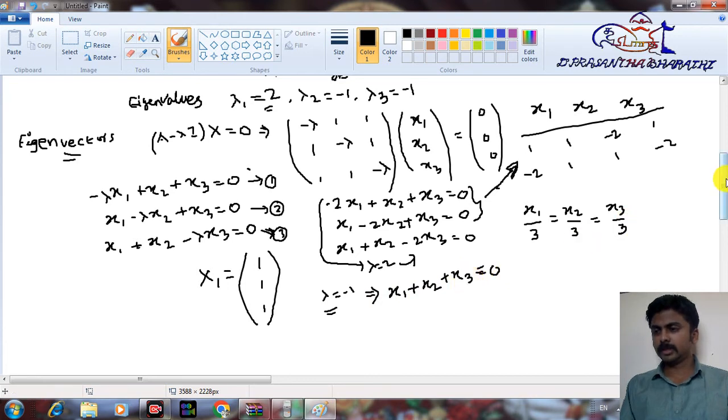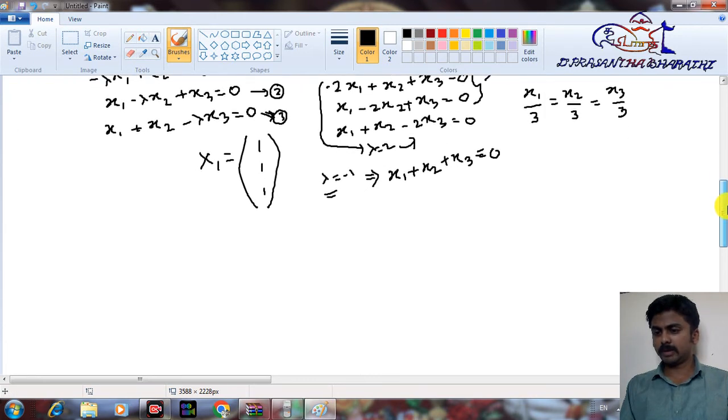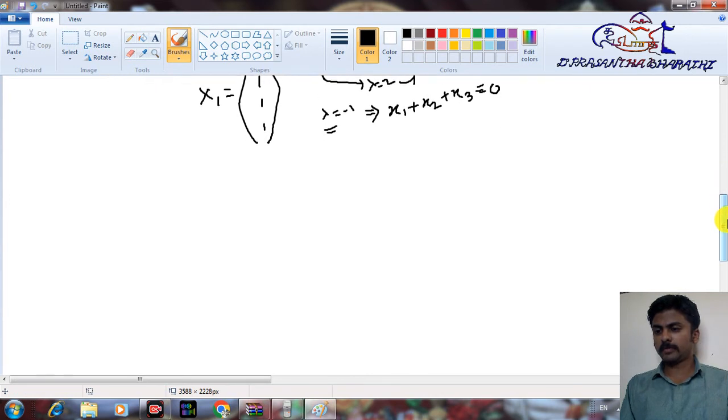Here, since it is a symmetric matrix and we want to do orthogonal transformation, we have to form eigenvectors such that they are pairwise orthogonal.